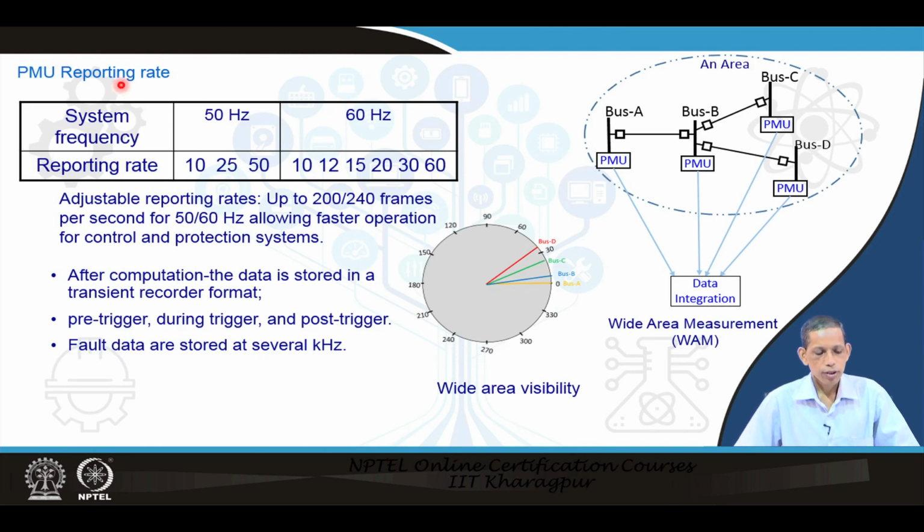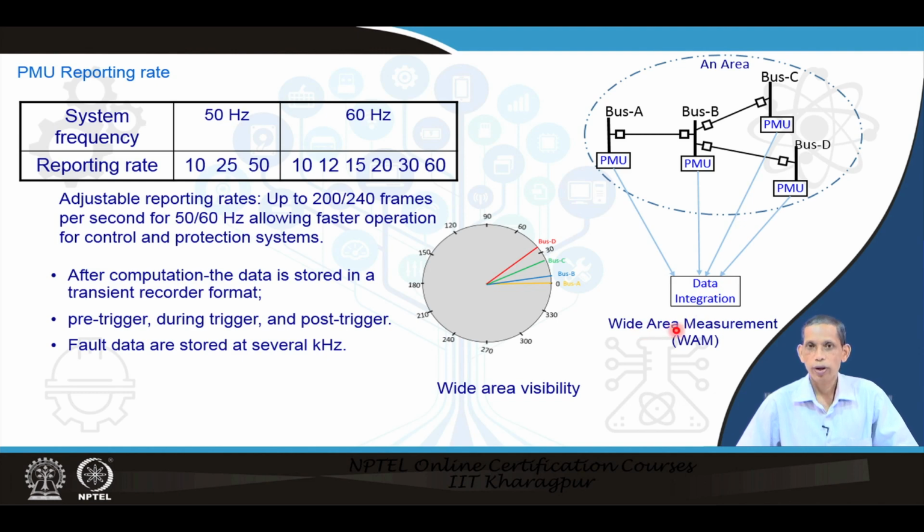The PMU sends data to different destinations. Suppose we have PMUs at different buses in a system. This is an area where you have different buses with PMUs, maybe not at all the considered buses. In this diagram we have shown all the buses having PMUs, remotely placed, and the data are collected at one destination for that area.